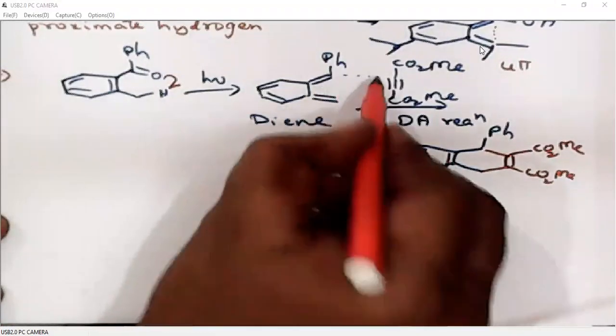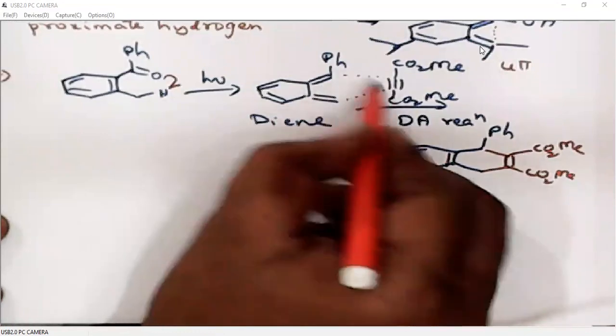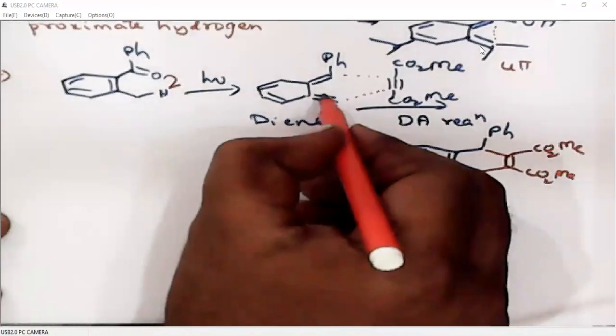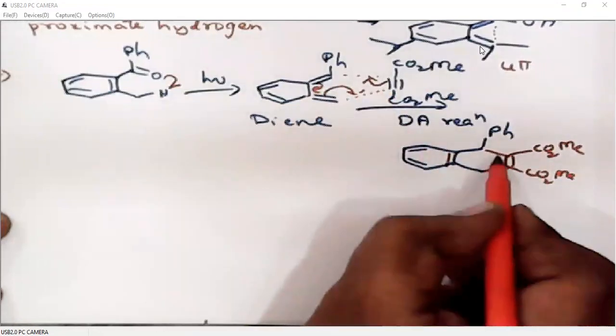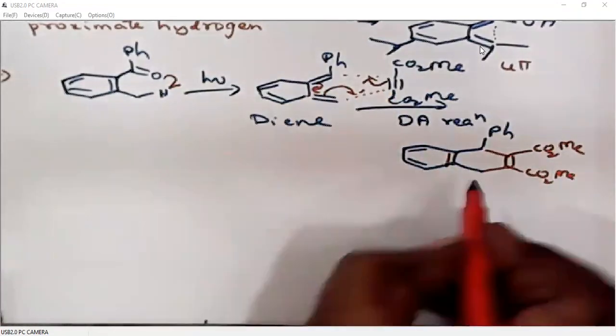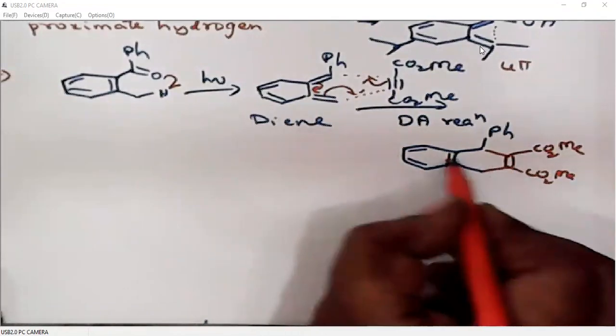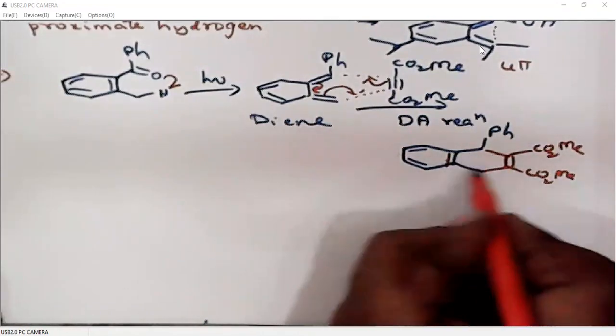So there will be a six-member transition state and rearrangement of pi bonds to generate sigma bonds and a pi bond. Then we already have two double bonds in this six-member ring.